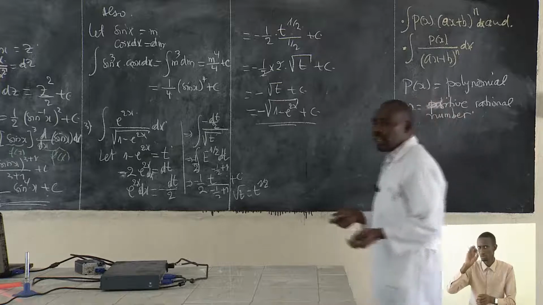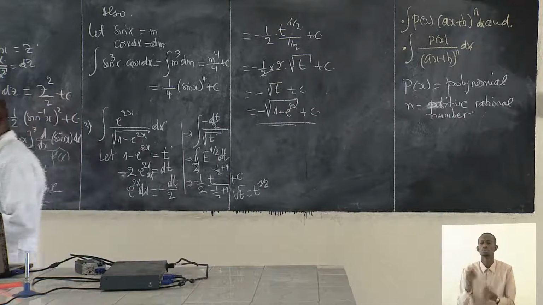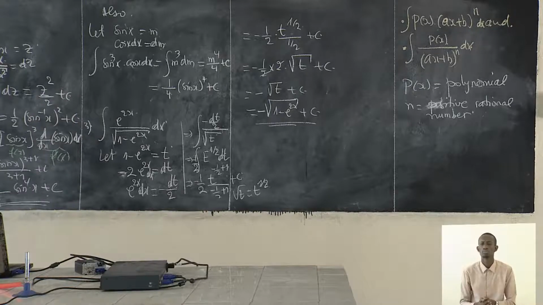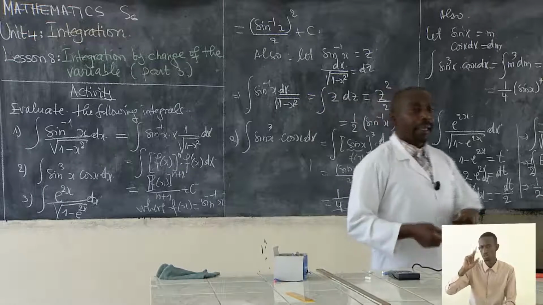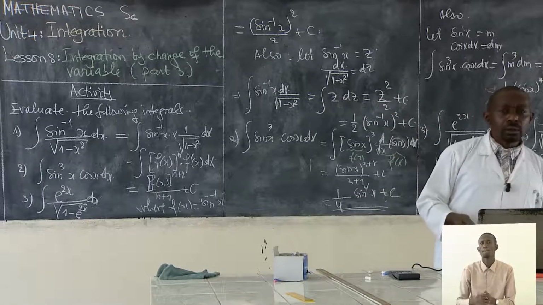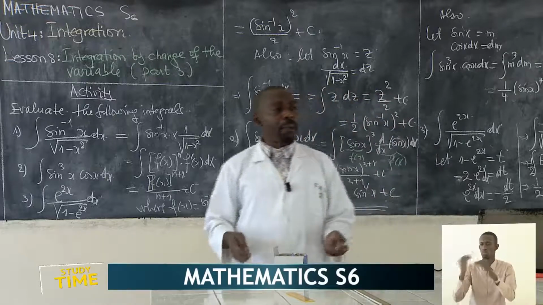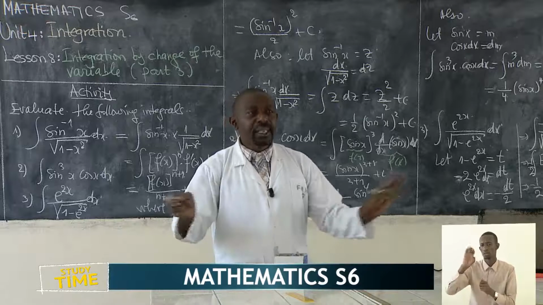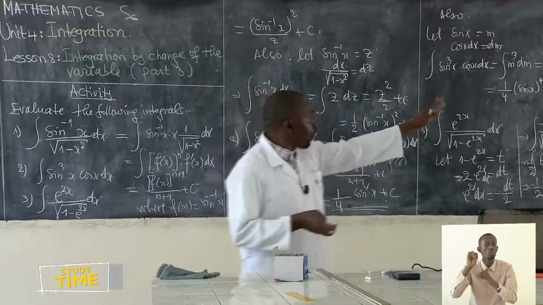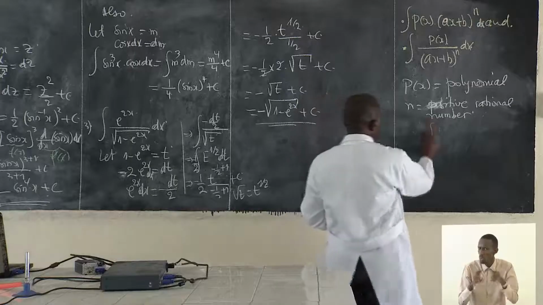So how do we evaluate those kinds of integrals involving a product of a polynomial and a linear expression power n, or a polynomial divided by a linear expression power n? The method is the same for both integrals. How does the method work?